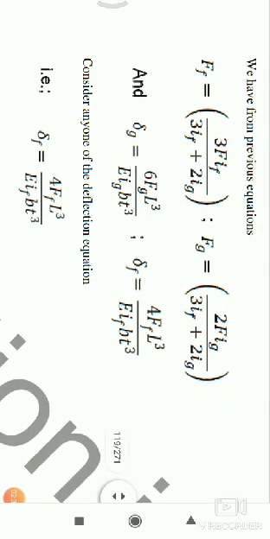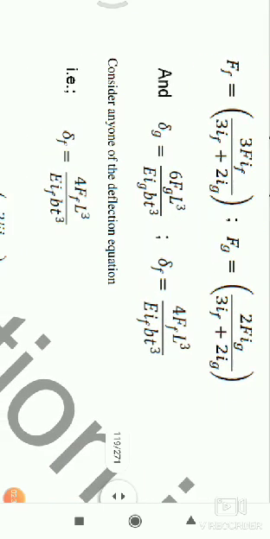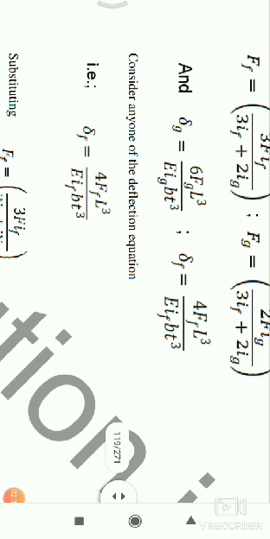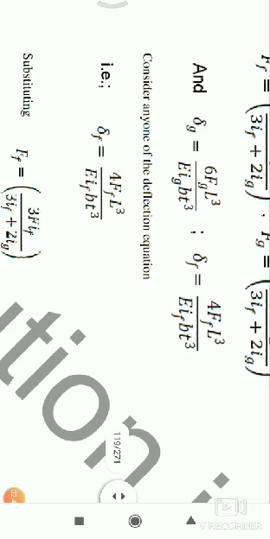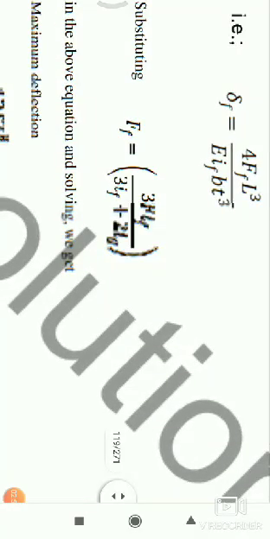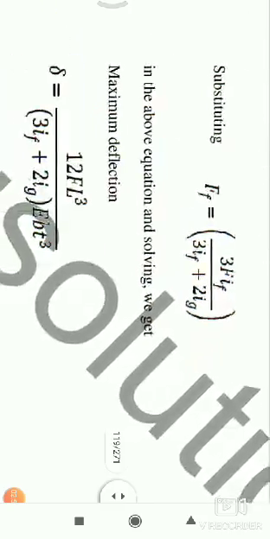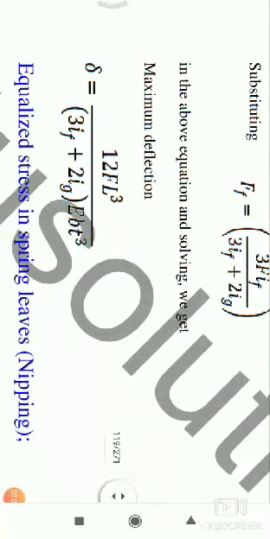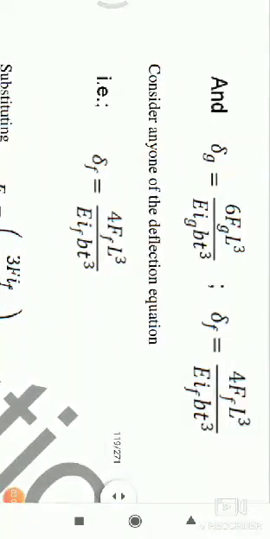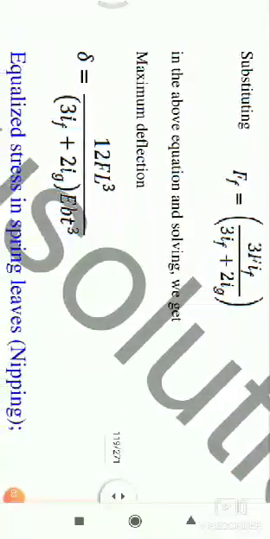Now consider any one of these deflection equations, say delta f. Delta f equals 4 Ff L cube divided by E If b t cube. Substituting the Ff value, 3 Ff Ig divided by (3If plus 2Ig), in the above equation and solving, we get the maximum deflection.